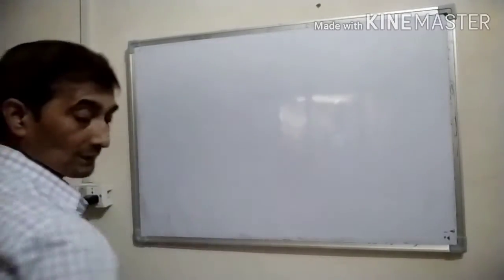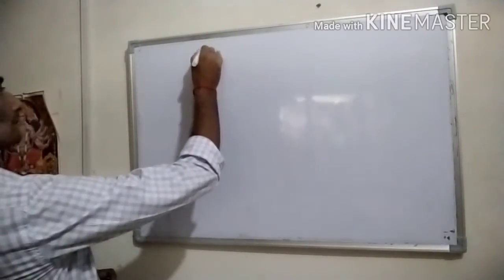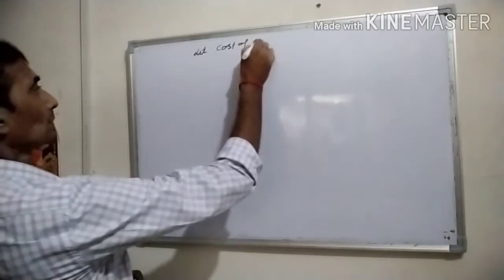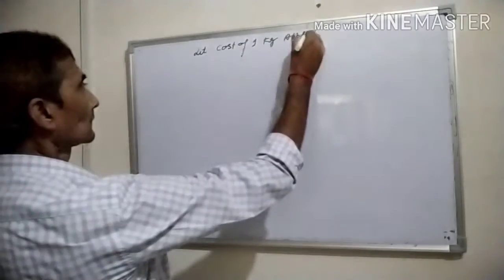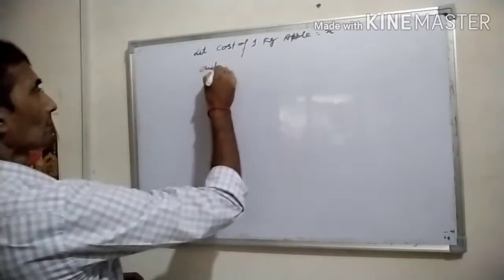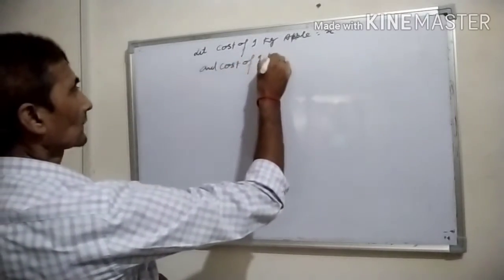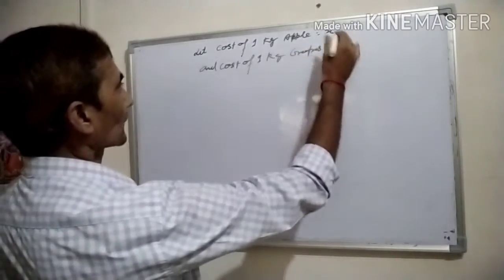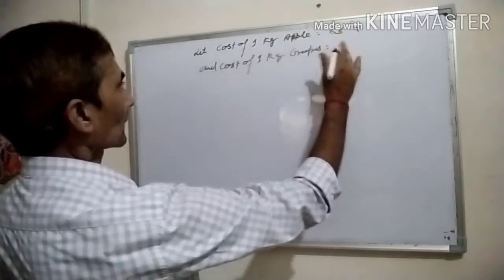Let the cost of 1 kg of apples be x and the cost of 1 kg of grapes be y. Write rupees x and rupees y.